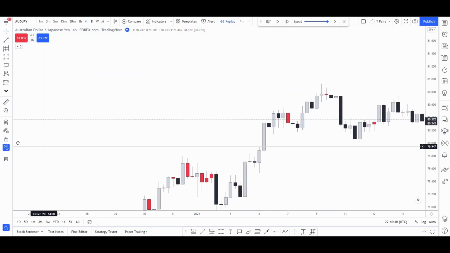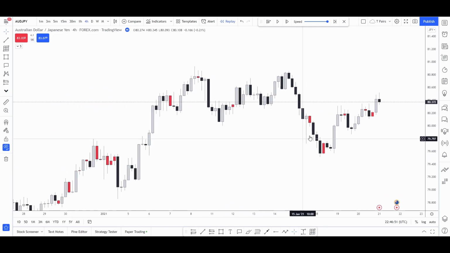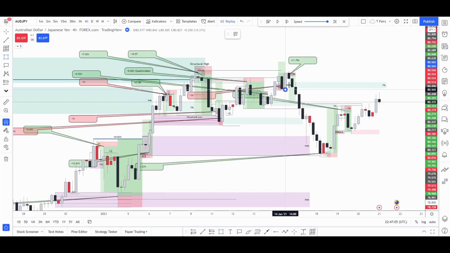So clear all this off of the chart. Here, 80.563. Sorry, that's not right. You know what? Can we just mark this on? Yep, pretty much the same place.